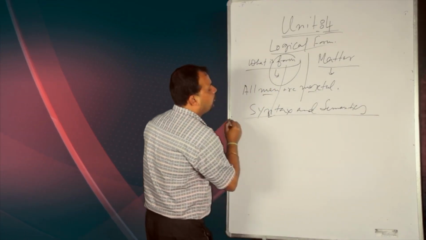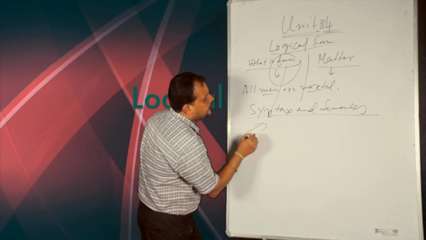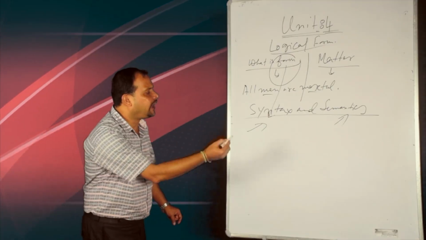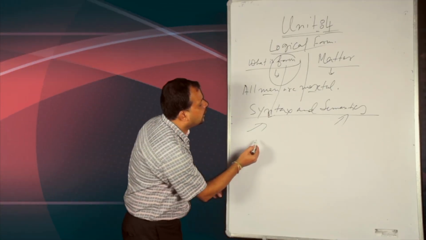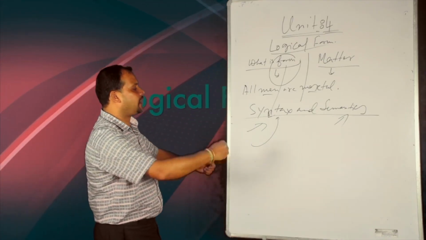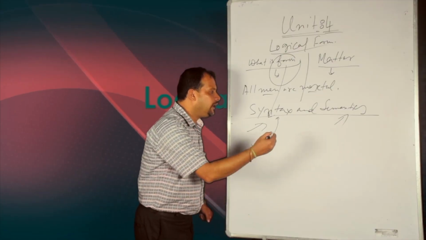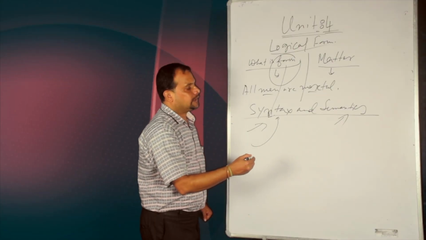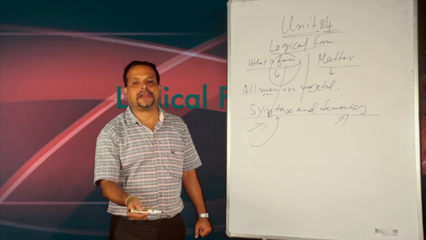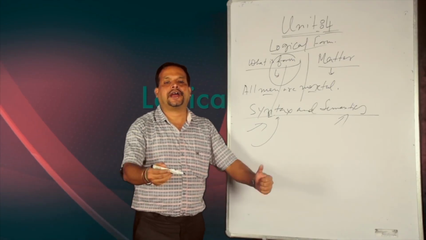The logical form can be expressed with the help of syntax and semantics. Syntax relates to the logical structure or the underlying structure of a proposition, or on the other hand, semantics relates to the matter or the meaning of the words of an argument.